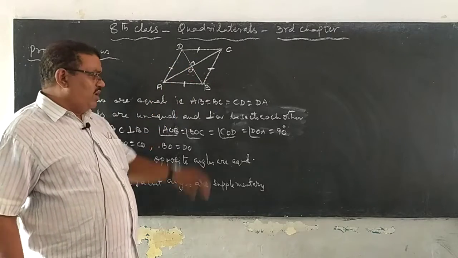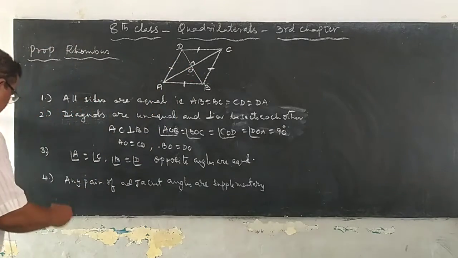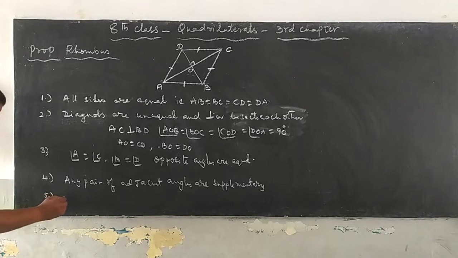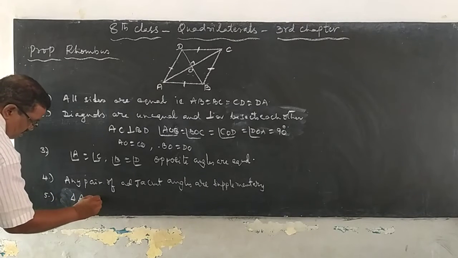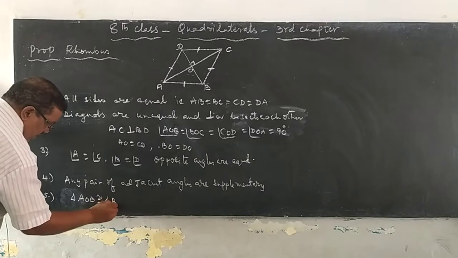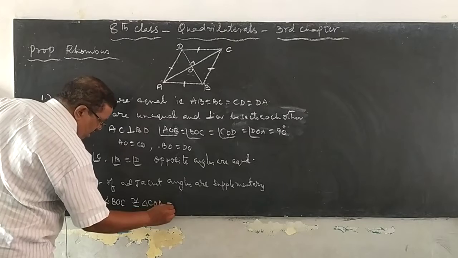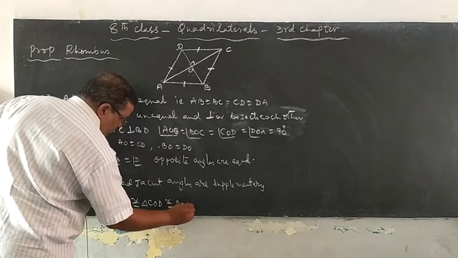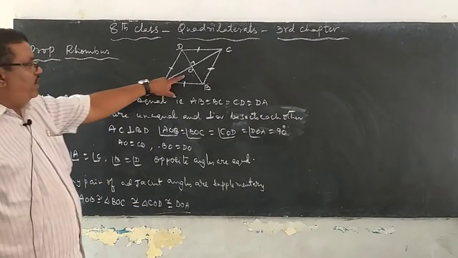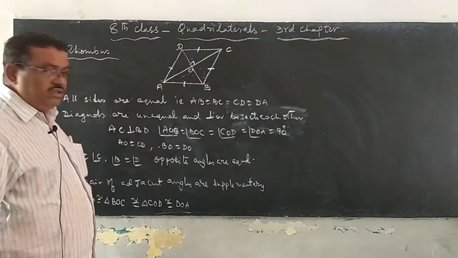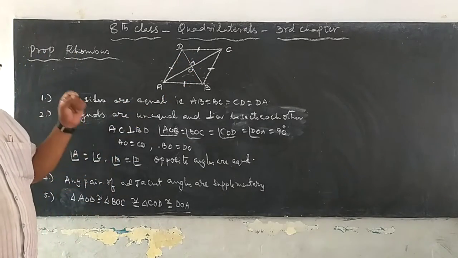Four congruent triangles are formed here, identically equal triangles. This is about properties of rhombus.